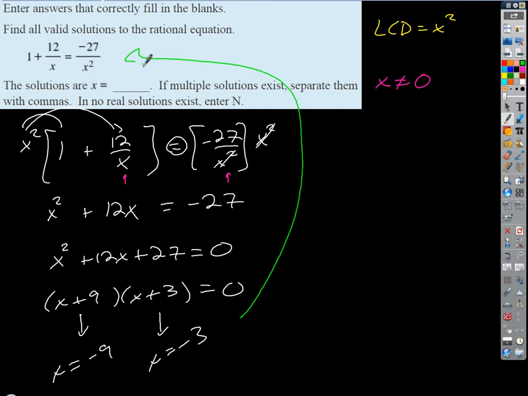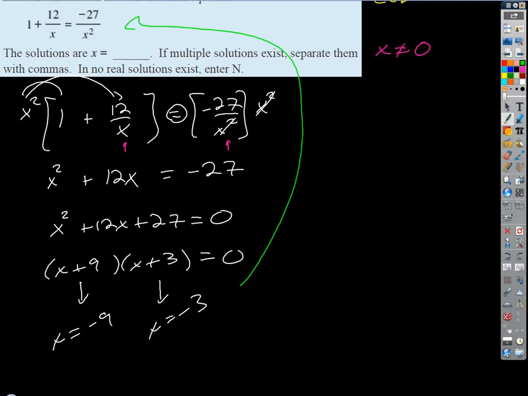But you always should. So if I plug those back in, let's plug in negative 9 and see what we get. If I plug in negative 9, I get 1 plus 12 over negative 9 equals negative 27 over negative 9 squared.